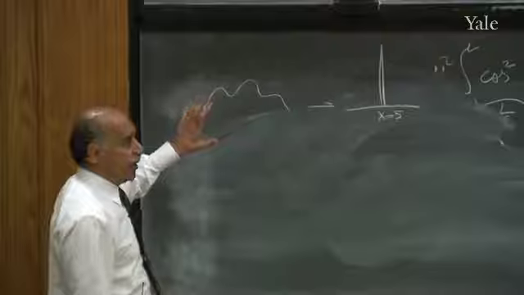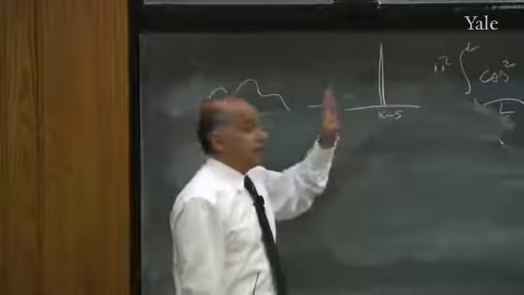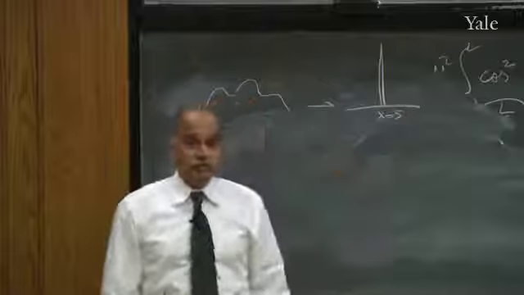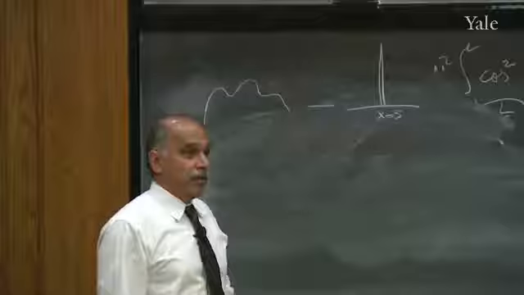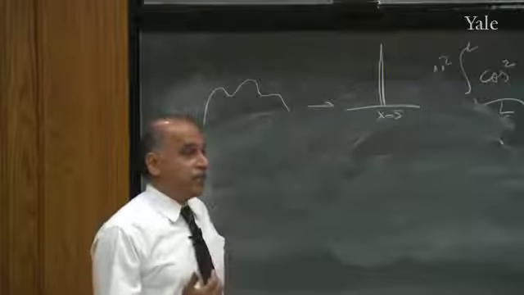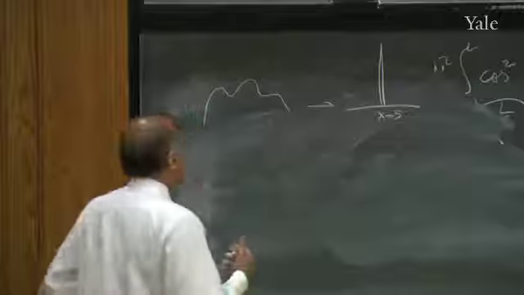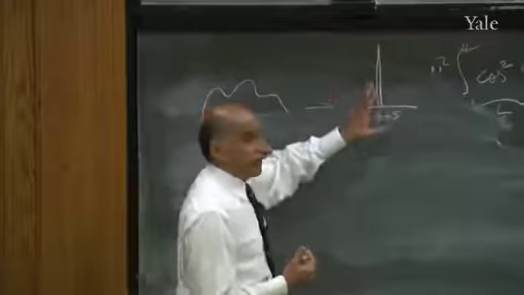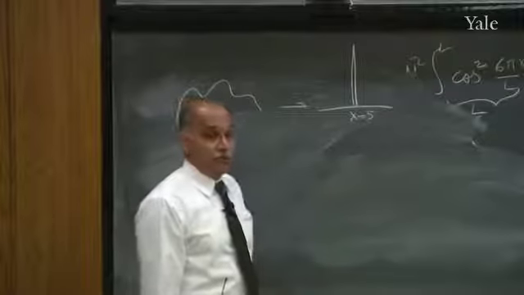It goes from being able to be found anywhere to being able to be found only where you found it just now. It won't stay that way for long, but right after measurement, that's what it will be. The state of the system changes following the measurement. If you measured x, it will turn into a wave function with well-defined x, which we know is a spike at x equal to wherever you found it.